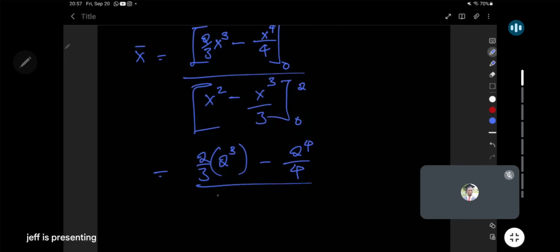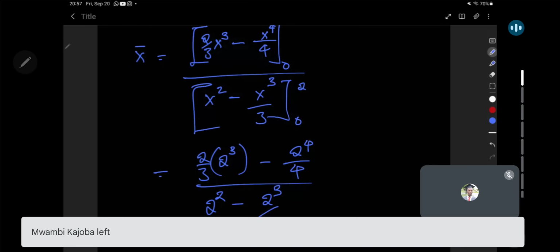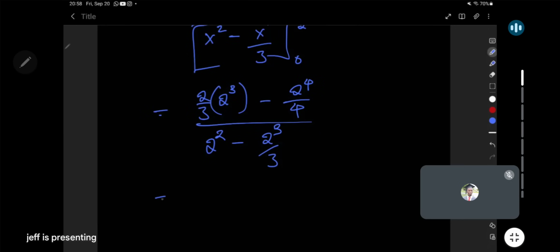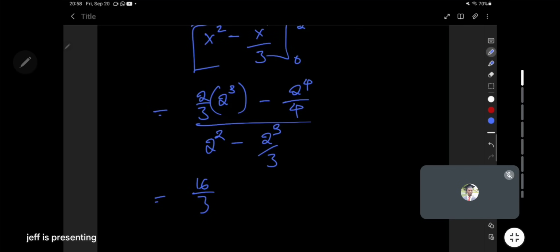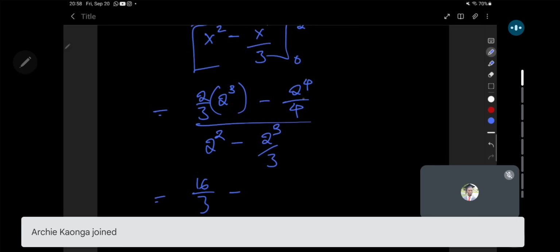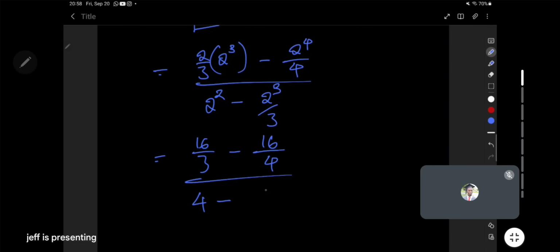In the denominator, we have 2 to the power 2 minus 2 to the power 3 over 3. Now it's just simplification. I think this is pretty straightforward. That is 8 times 2, that is 16 over 3, minus 2 to the power 4, which is just going to be 16 over 4. And then the denominator is going to be 4 minus 8 over 3.